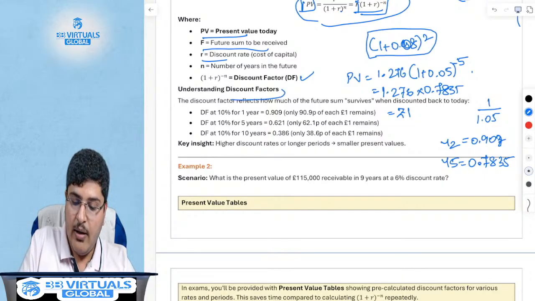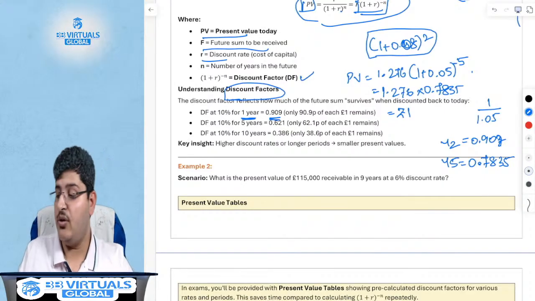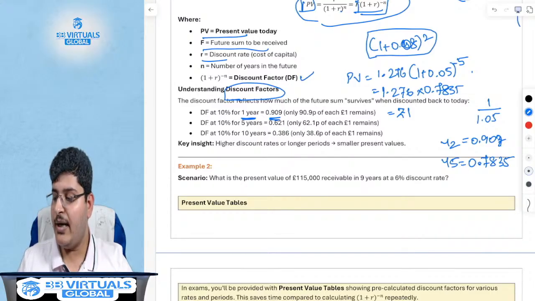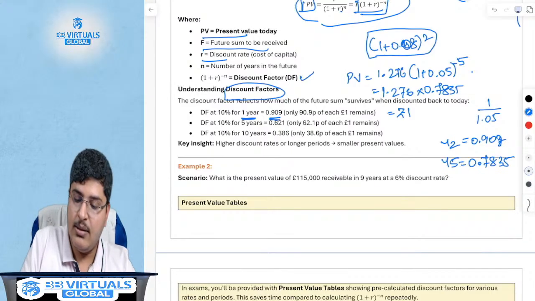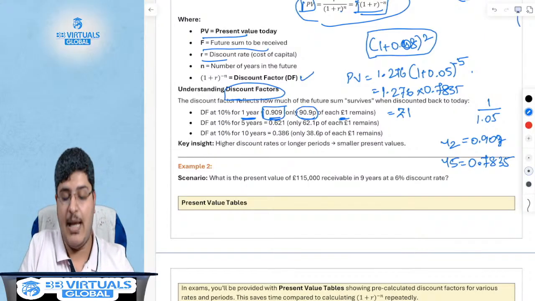Now the same thing: what is the value of the rupee one in 1 year from now if you discount it using 10%? Just do this again with me because you'll have to practice on your calculator. Of course, in exams, you'll have the benefit of a spreadsheet. Do 1 divided by 1.1. The answer is 0.909. What does this mean? That in a year from now, the 1 rupee today will be valued only 90.9 paisa.